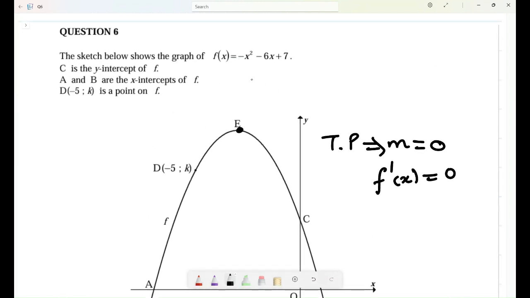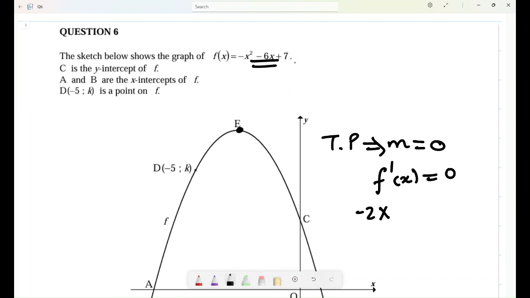When I derive, 2 multiplied by negative 1 is negative 2x. I multiply the power 2 with the coefficient, which is negative 1, giving negative 2x, then I subtract 1 from the power, so it's to the power 1. So it is negative 2x.